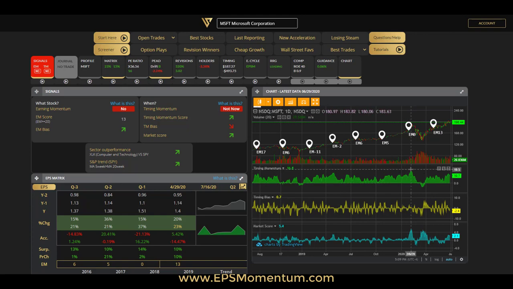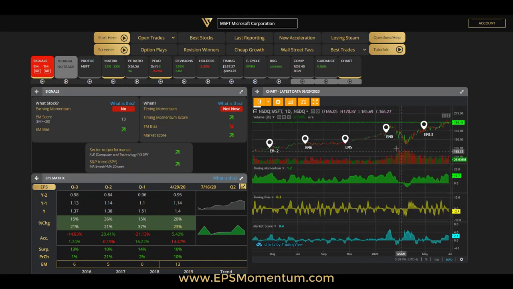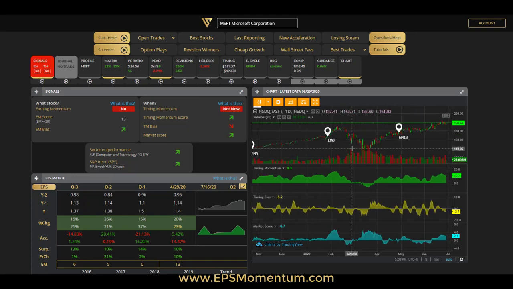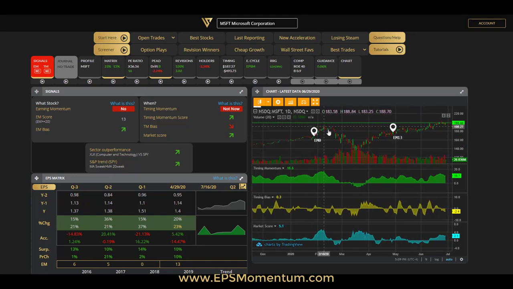But the interesting thing is you see how it rallies all the way flat out in some sort of a straight line going up. Well, guess what? The green line actually almost never touches zero. So that means it's keeping you in the stock and not giving you any reason to not invest in the stock.